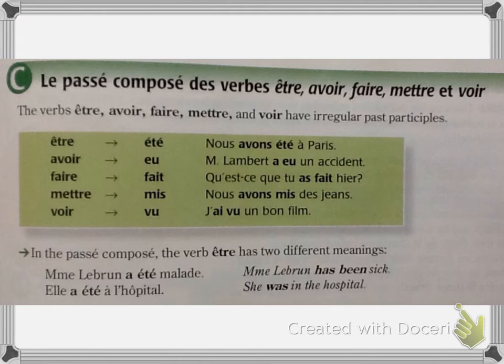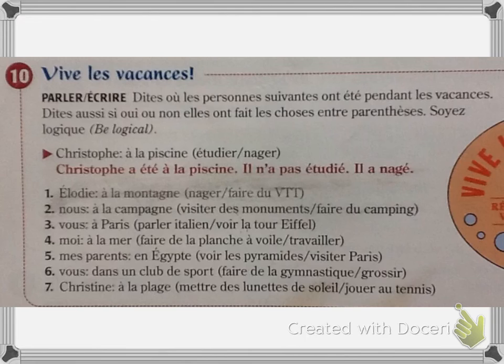To see: I saw a good movie. In the passé composé, the verb être has two meanings. Madame Lebrun a été malade. Mrs. Lebrun has been sick. Elle a été à l'hôpital. She was in the hospital. So in general, if a verb is irregular, it's going to have an irregular past participle.